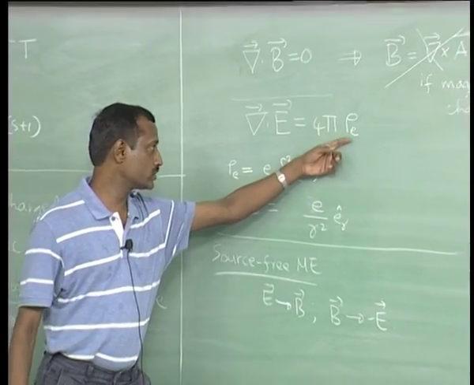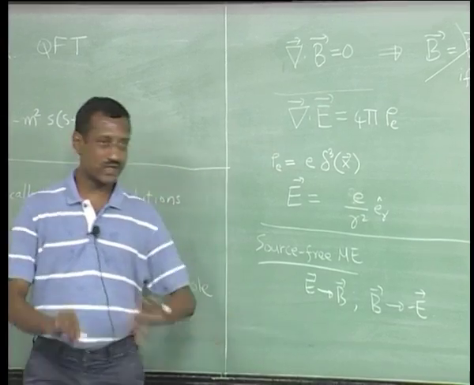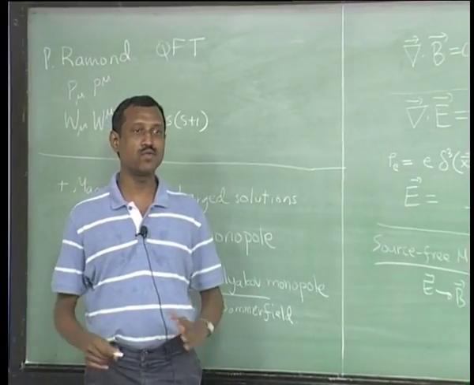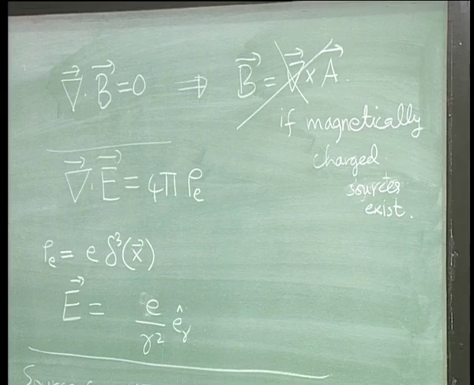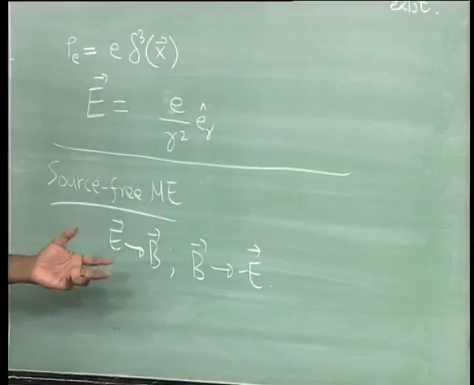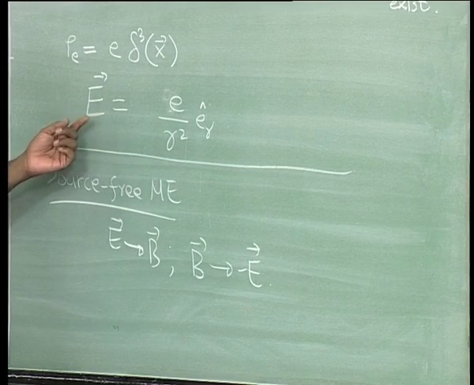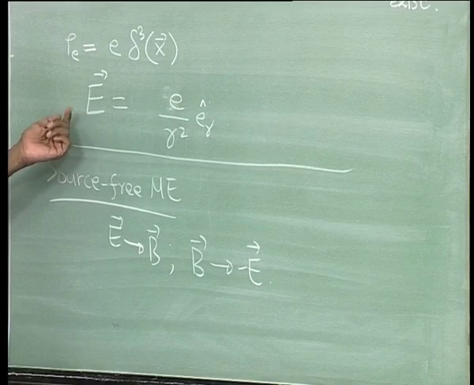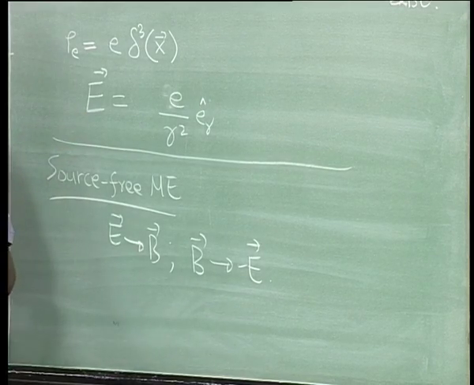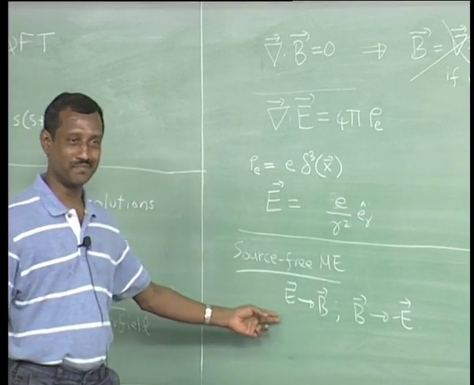If there were no electric sources, this would also be 0. So we are just talking about free Maxwell's equations, that is d mu f mu nu equal to 0. And then there is the symmetry. Using that analogy, I can write out what would be the magnetic field due to a point magnetic charge just by using this symmetry.